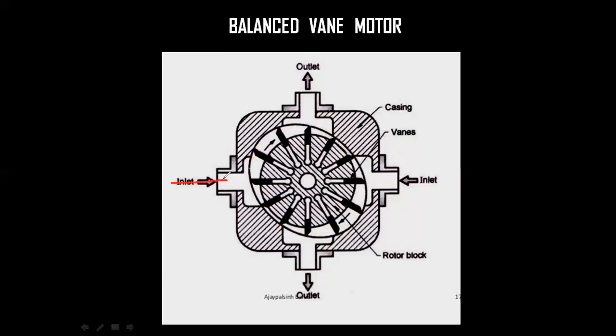So now what happens here? A pressurized fluid from the pump enters this chamber and then it strikes the vanes at a higher RPM. The vanes rotate at a higher speed. Due to this rotation, the rotor also rotates, and due to the rotation of the rotor, mechanical energy is produced. Here we are passing the highly pressurized fluid in both directions.